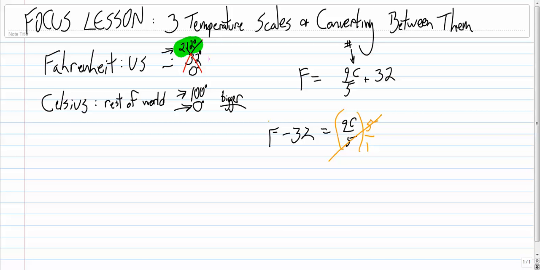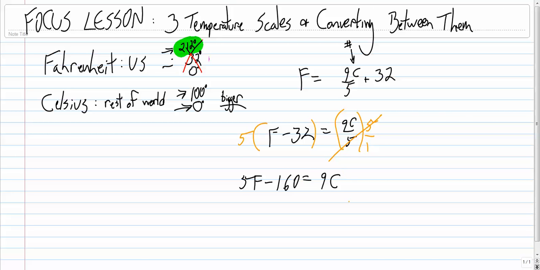When we do that, it goes away, but whatever we do to one side, we've got to do to the other. So we get 5F minus, oh shoot, can I do that in my head? 30, 60, 90, 120, 150. No, I can't do it in my head. It's 160 equals 9C.